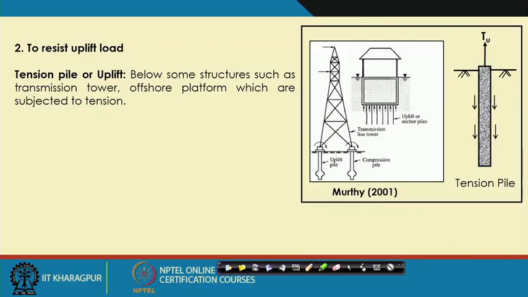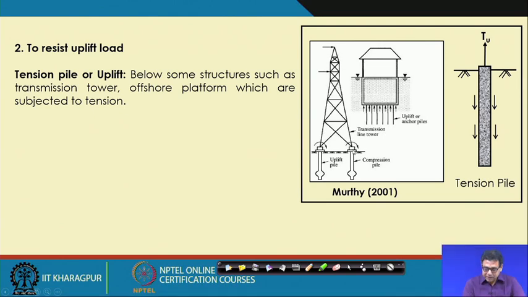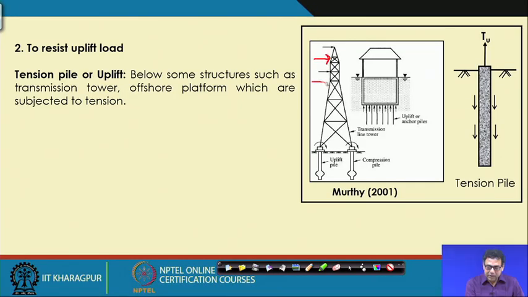But if a pile is constructed under, say, a tall tower or chimney, for example an electric tower, and these are the piles at the base of the tower, this is one pile and this is another pile, or it may be a group of piles. Now, if any wind load is coming in this direction, then what will happen? The tower will try to move to this side. So, here it will be uplift and here it will be compressive. This is one example.